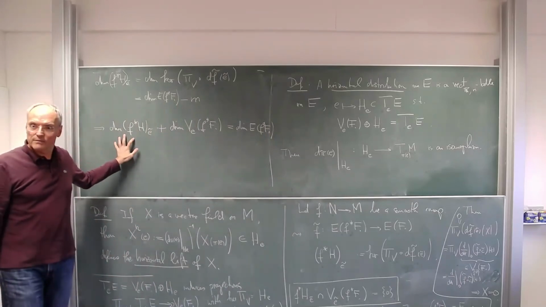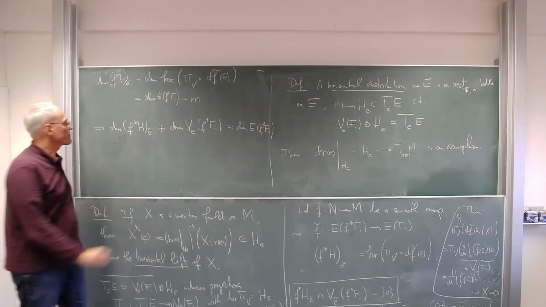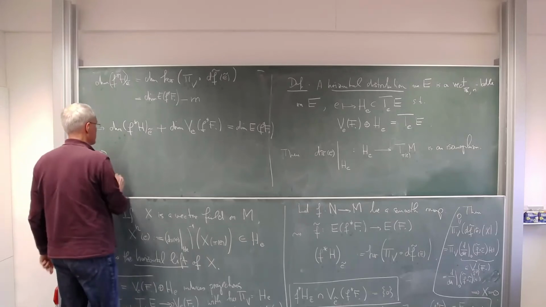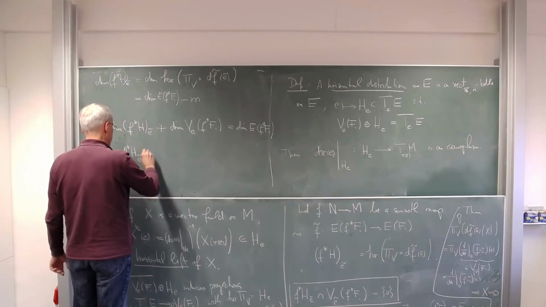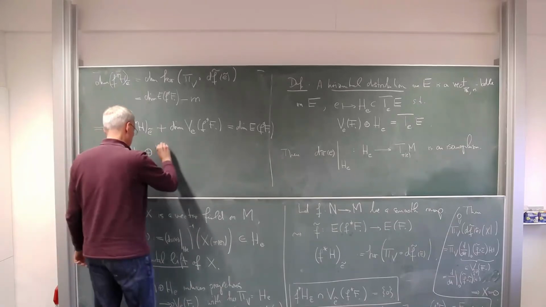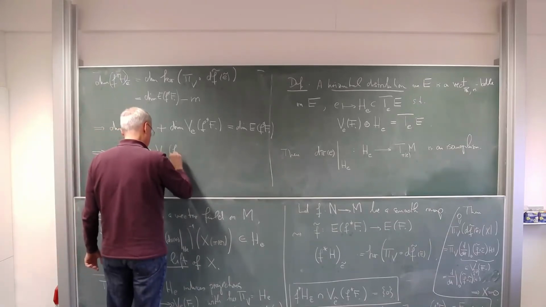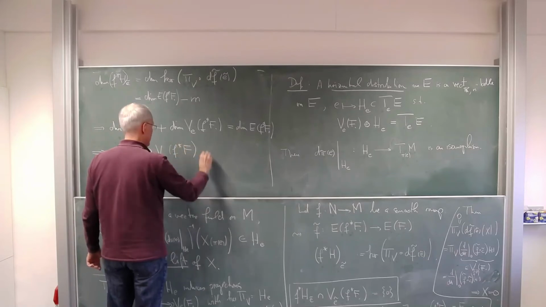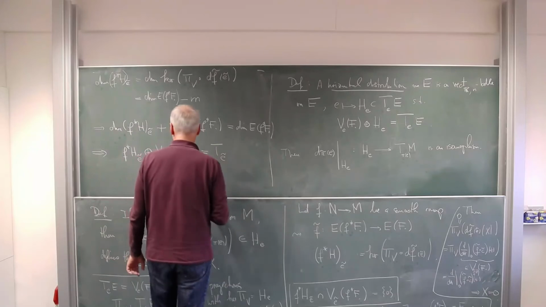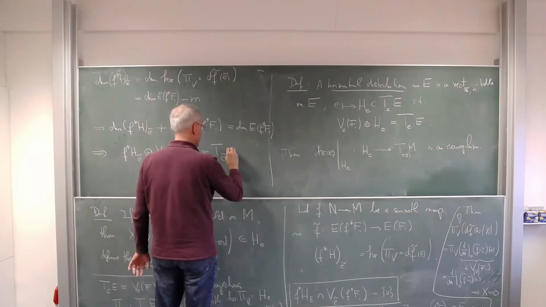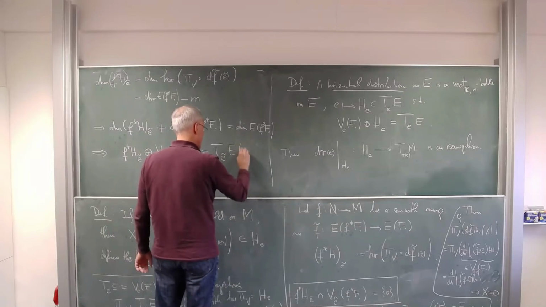So this is the correct dimension for the complement. So this shows that f star h at the point e tilde is a direct sum with the vertical space of this pullback bundle. It gives me the complete tangent space at e tilde of the total space of the pullback bundle.